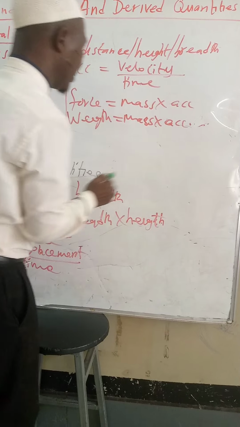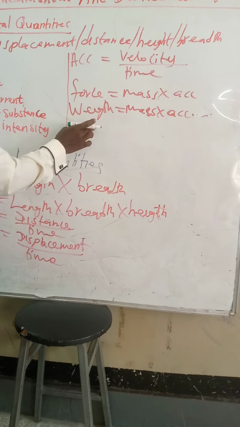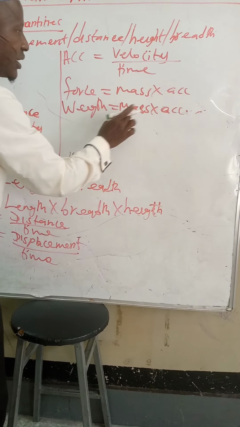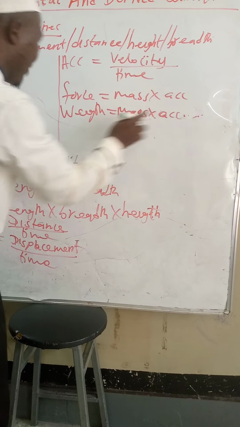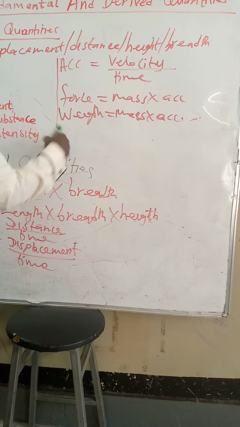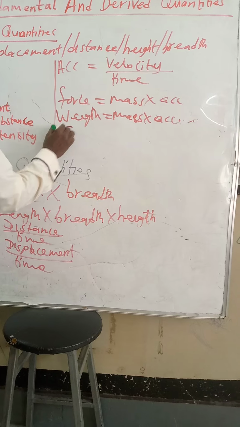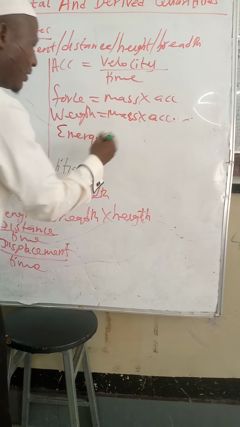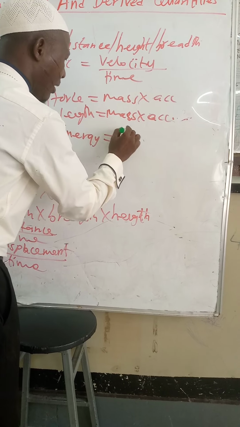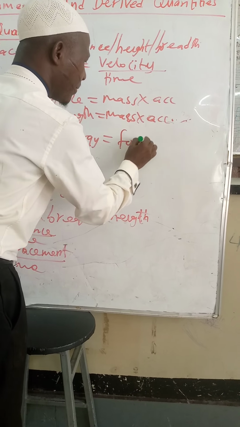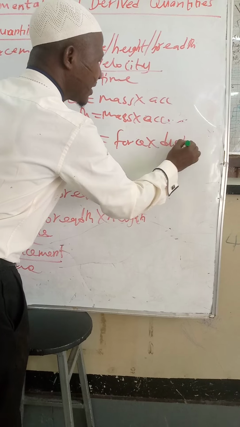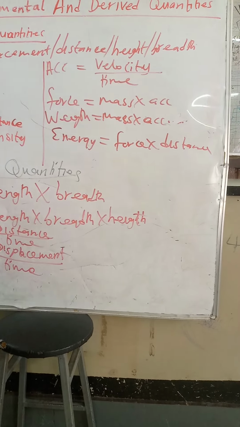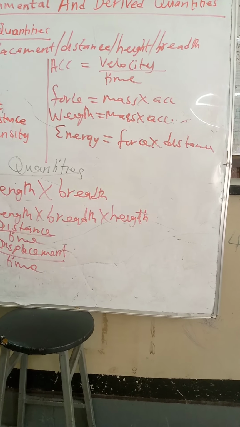That's the only difference between this and this. This one is linear acceleration. This one is acceleration due to gravity. Then we have weight. We have energy, which is from force times distance.